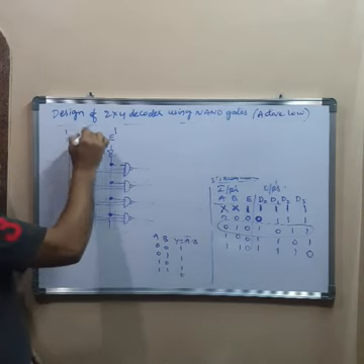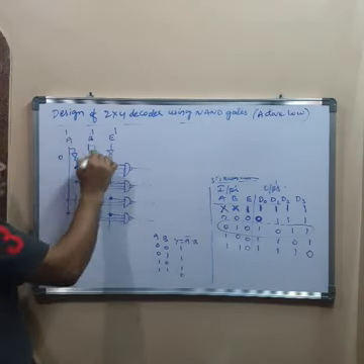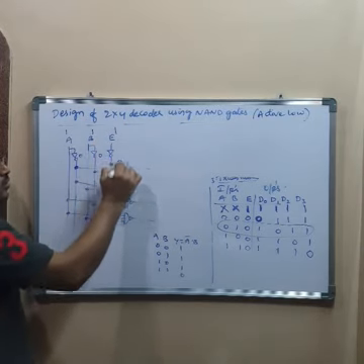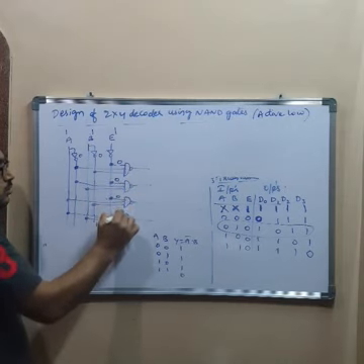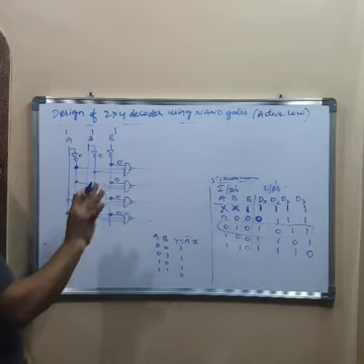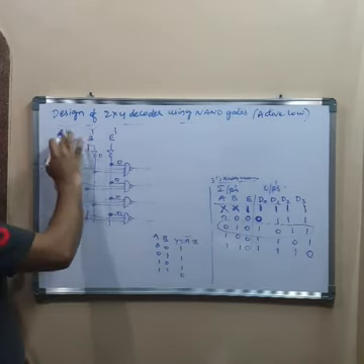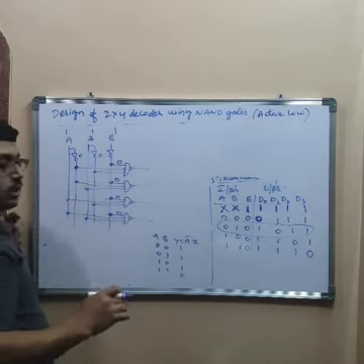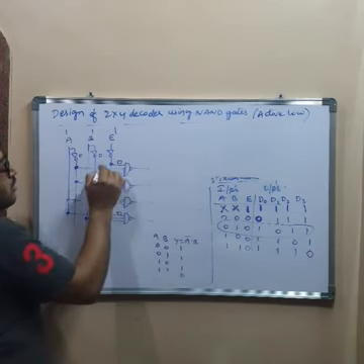At that time, whatever you apply here, that doesn't affect the output. So one complement will become 0, 0, 0, 0. Next, whatever it may be, either it can be 0, 0 or 0, 1 or 1, 0 or 1, 1, whatever it may be, but the output is not selected.